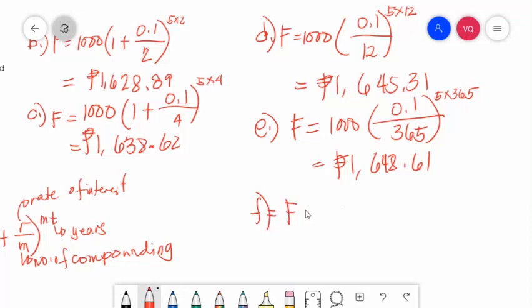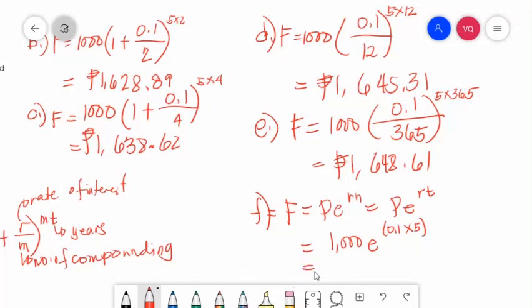So F is equal to P E raised to RN, or P E raised to RT. So 1,000 pesos times E raised to R which is 0.1 times number of years which is 5.